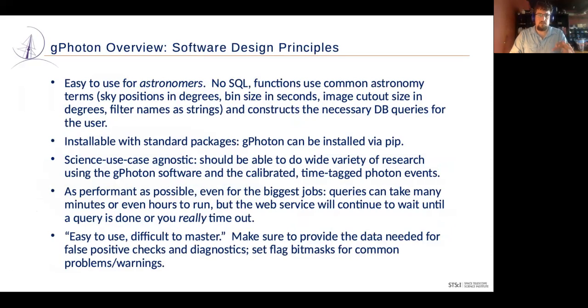There were some principles that we had in mind when we first started creating this tool. First of all, we wanted no naked SQL. We wanted simple syntax in terms that astronomers understood, like the size of the light curve bin and the degrees.